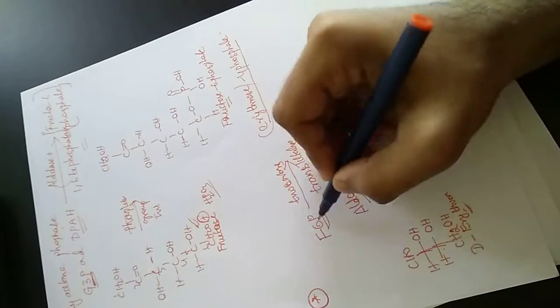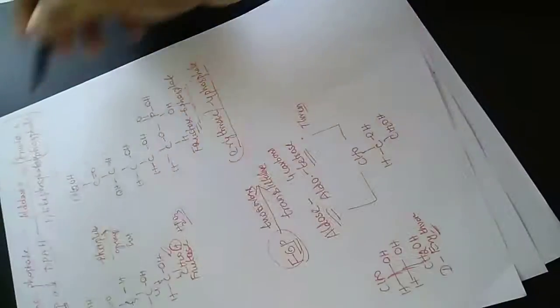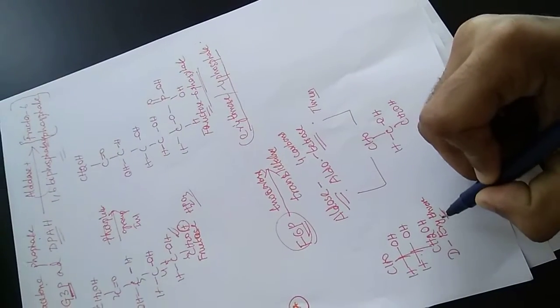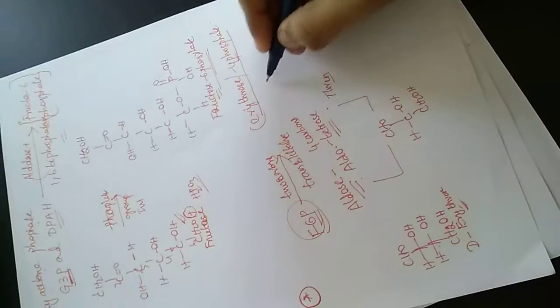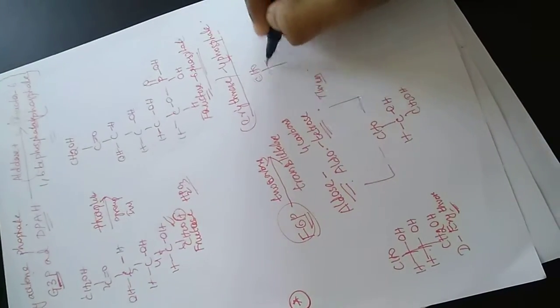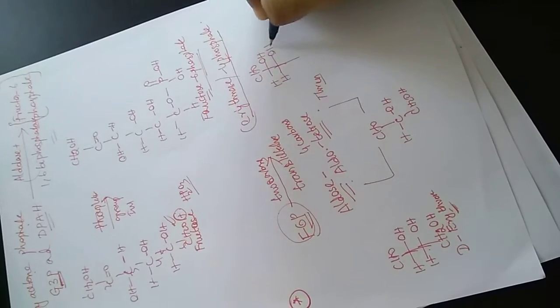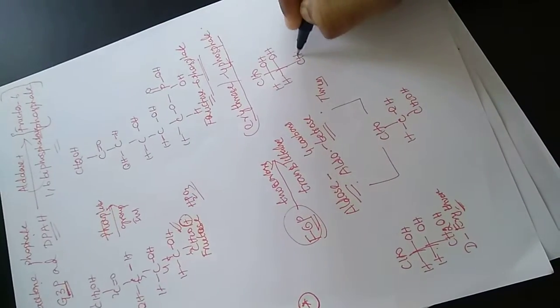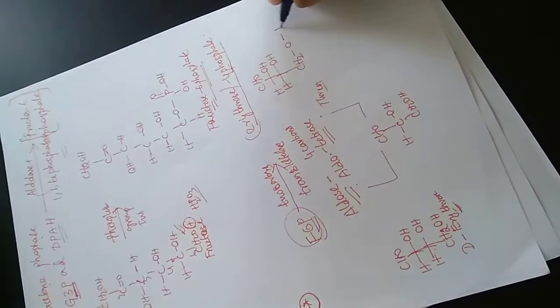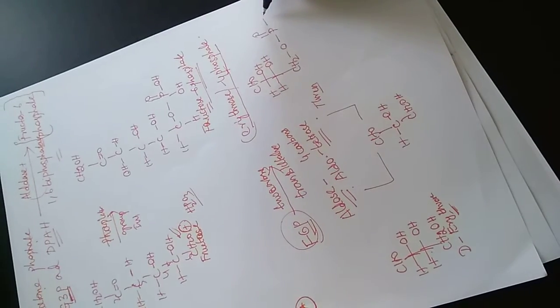So I'm going to convert this fructose 6-phosphate, this entire structure, into erythrose 4-phosphate. So I'm going to convert this into erythrose, with H, OH and H, OH, and CH2O. This is just a degradation.